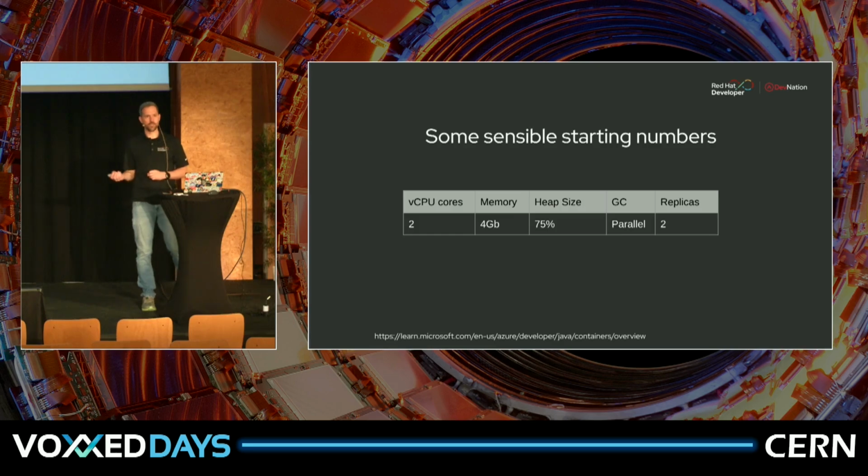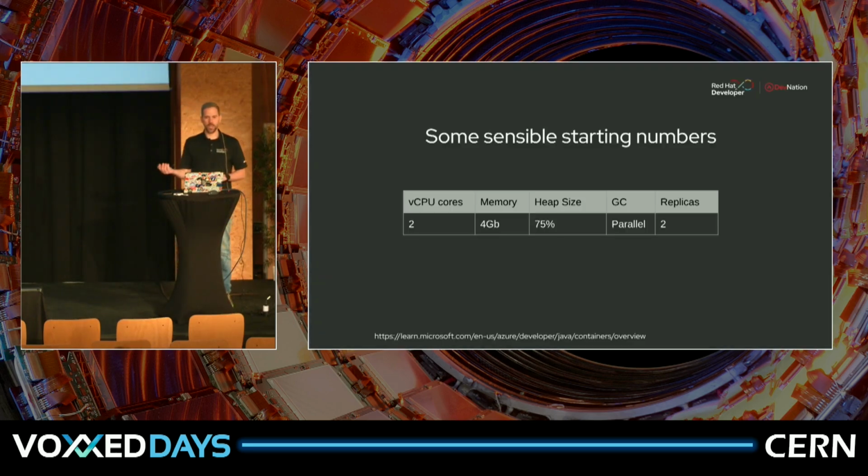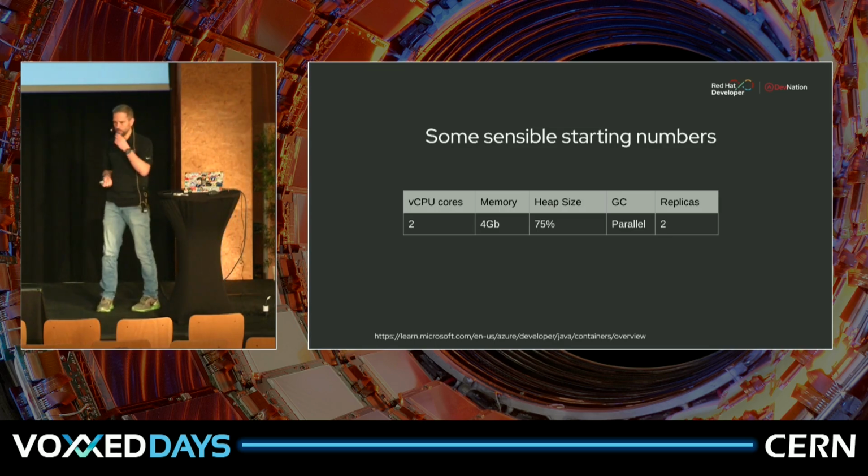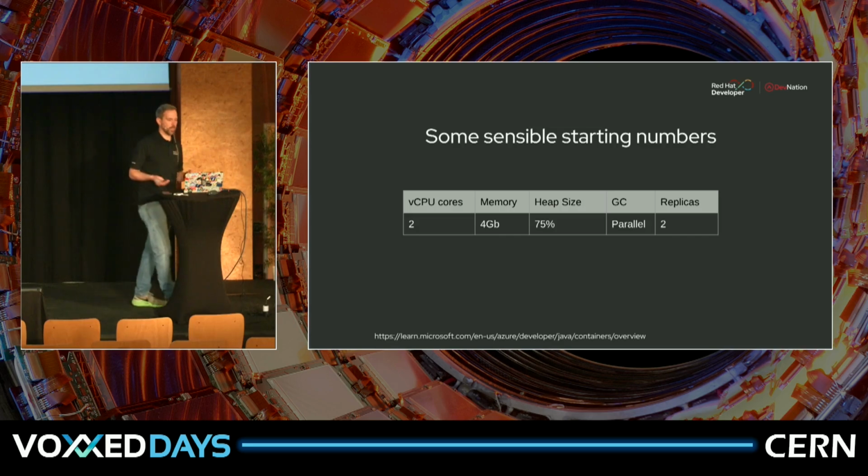And in terms of the garbage collector, since we're using multiple cores, you might as well use something like a parallel GC instead of serial because you have multiple CPUs available. So this is a recommendation that they gave if you really don't know where to get started. But I do recommend being aware of the resource usage of your application and setting these values accordingly.